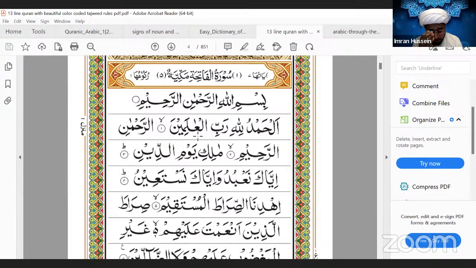My approach is this: if you want to understand Quranic Arabic, it is important for you to understand the sentence construction. Number one, you need to understand the sentence construction. Number two, you need to learn the vocabulary in the ayah of the Quran, whether the word is singular, dual, or plural. Number three, you need to know the verbs as well.